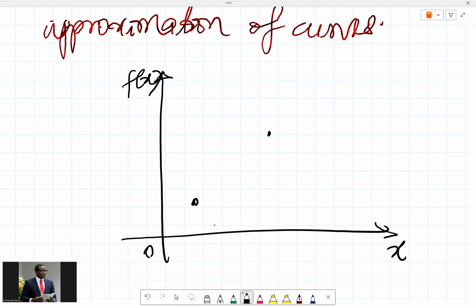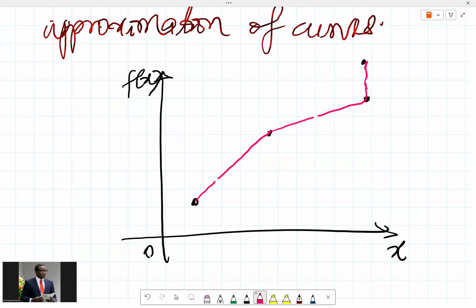Maybe you have a point here, another one here, another one here, and then one here. If you are going to be using linear splines, you're just going to join these with direct lines, and that's what you end up getting. These black dots, these points, are actually what you call the knots.